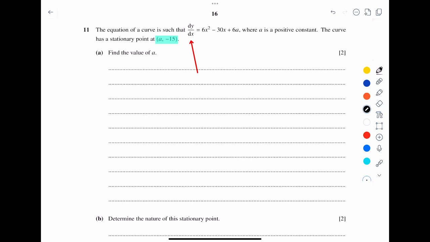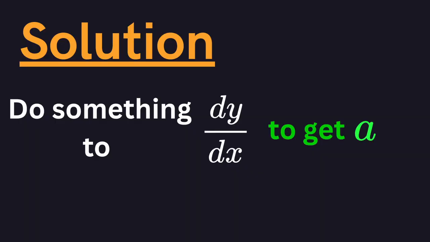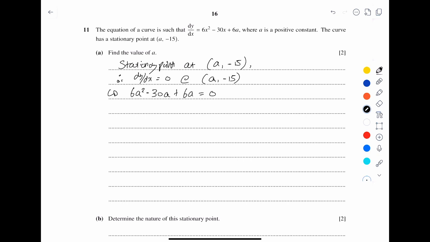So, all we have to do is do something to dy by dx, which can help us find a. And that is simply to plug a in and then set the equation equal to 0. Because dy by dx equals 0 at all stationary points.